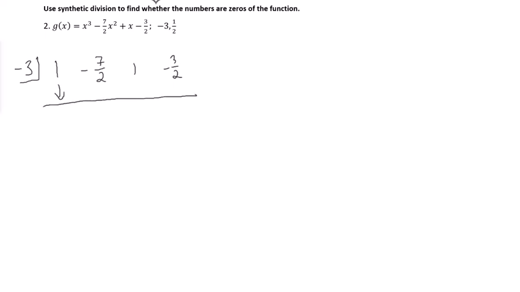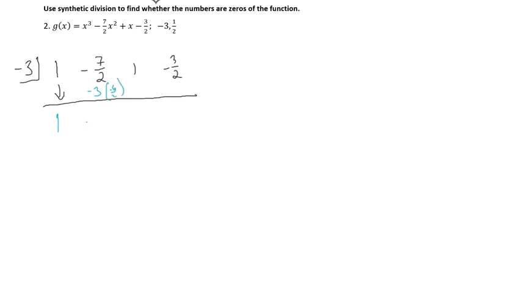Bring that down, gives me 1. -3 and 1 give me -3. -3 could be written as -6/2.